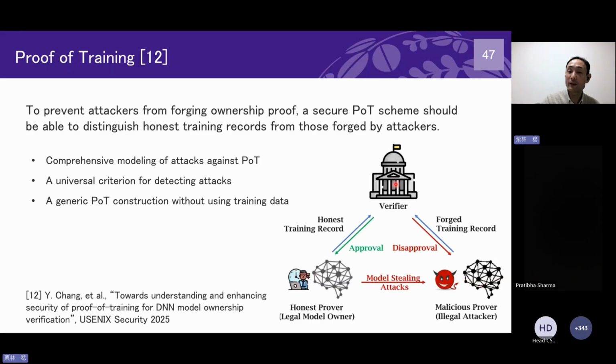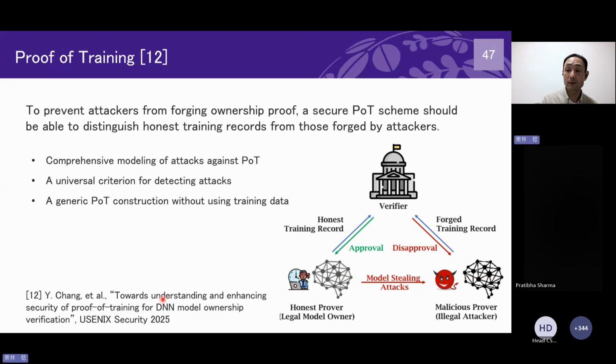The verifier asks each of the provers, and if the honest prover shows the training record, it is approved. But a malicious prover cannot forge the training record. This framework is defined mathematically, and the paper shows an example of a concrete construction of the proof of training. Due to the time limitation, I'll skip the details of the method.